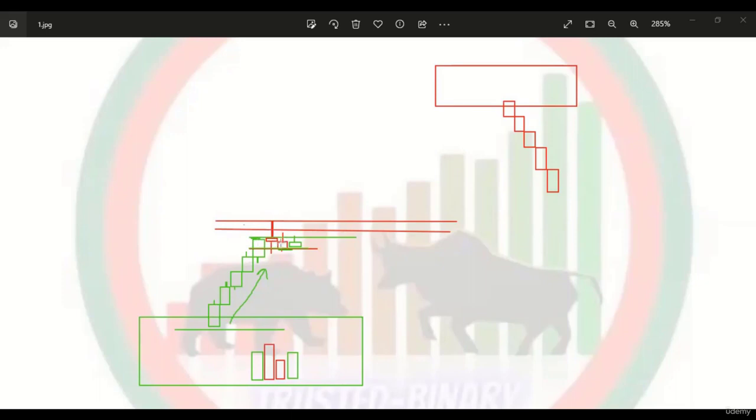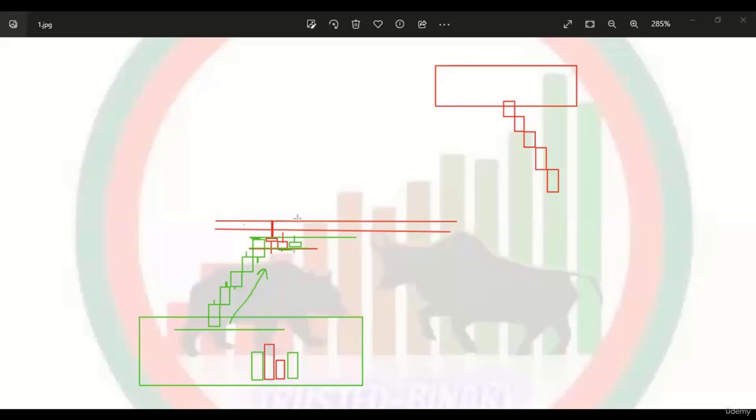So now sellers have already entered the market and already created a bearish candlestick. So the first time is a strong situation, but the second time is a weakness situation by the seller side. When sellers are weak here, by this time buyers enter the market.